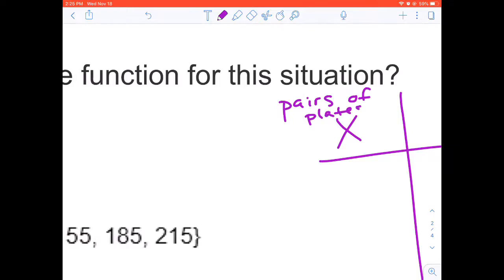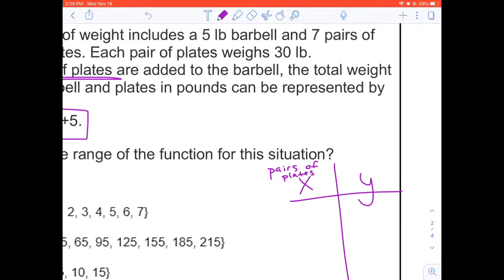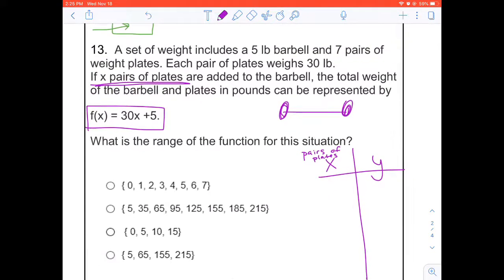And they come in pairs because one goes on one side of the barbell, and then the other one matches, right? Otherwise, you're uneven. And then it says the total weight of the barbell can be represented by the f of x. So that means this is the total weight. Remember that f of x is a fancy way to say y equals.